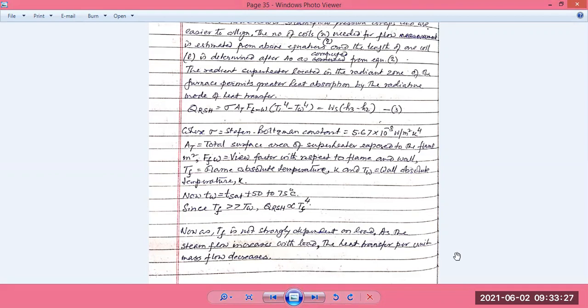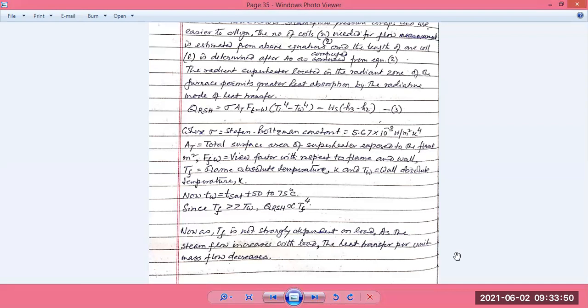If certain tubes come in direct contact with the flame, which is under convection and conduction, then they will be treated separately. But mostly the tubes are kept in the radiation zone, thus making the steam superheated.